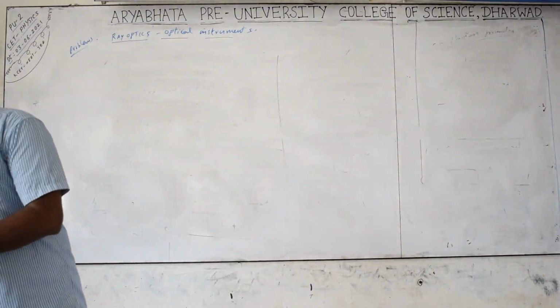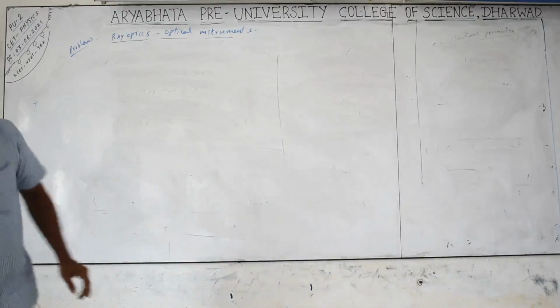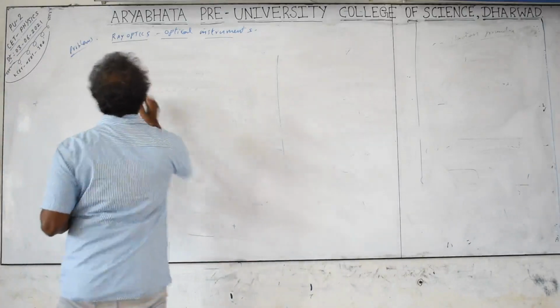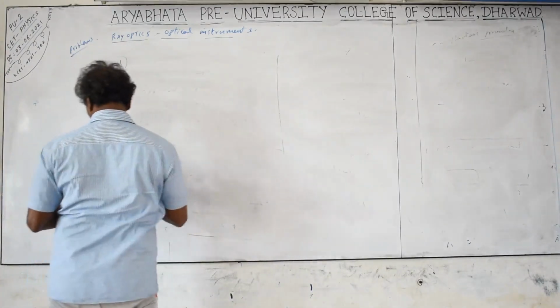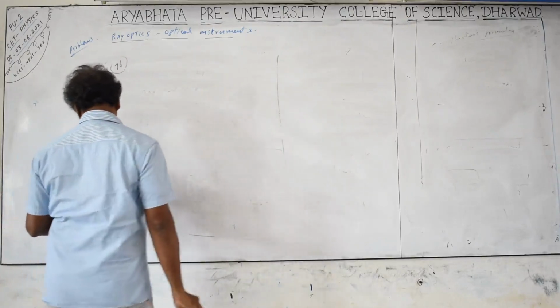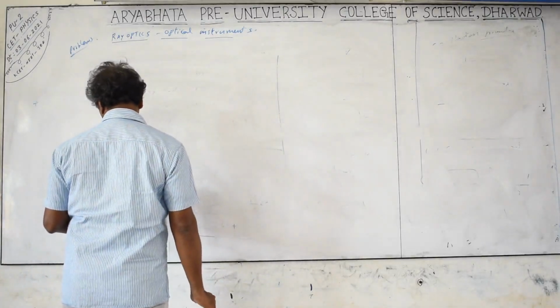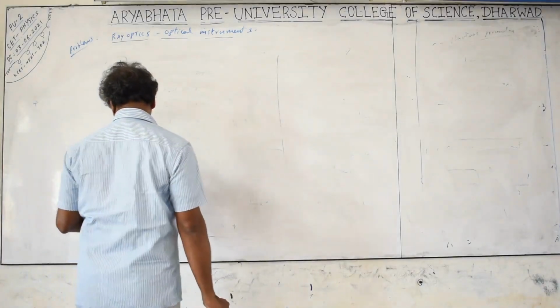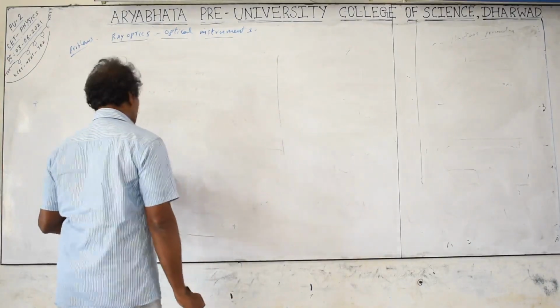Next, question 76. In this question, transparent slabs of refractive index 1.5 each, having thicknesses 1, 2, and so on, are arranged one over the other. A point object is seen through the combination.